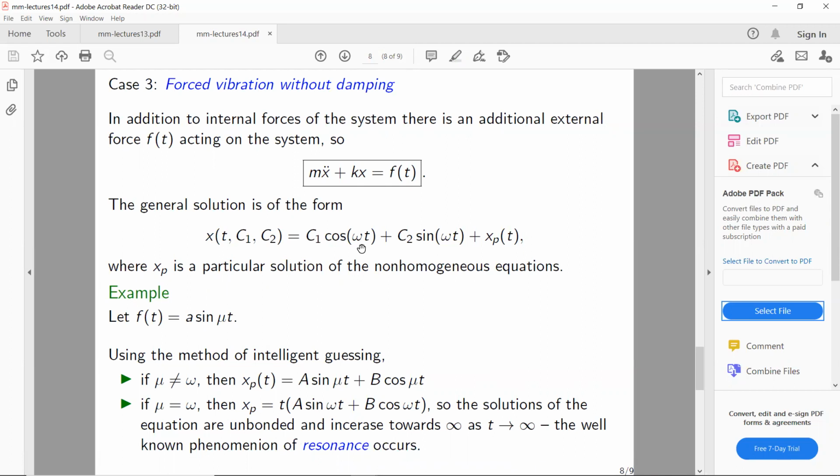So yeah, when omega t is 2 pi, so this is the period. T is 2 pi over omega. So this is the period of the homogeneous part. And the same for the particular part. So the period is 2 pi over omega. But the amplitude is growing.